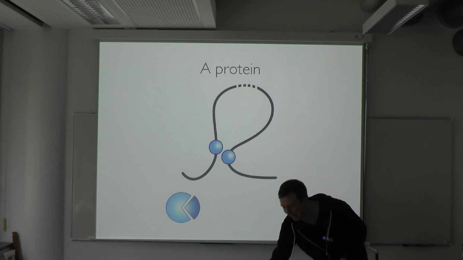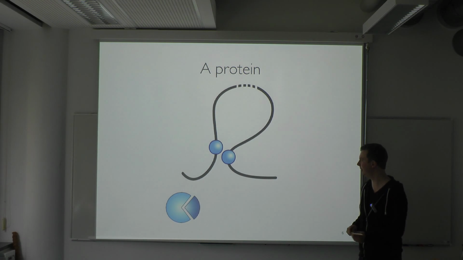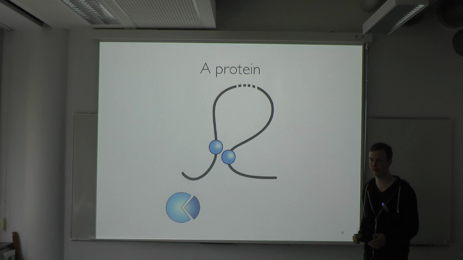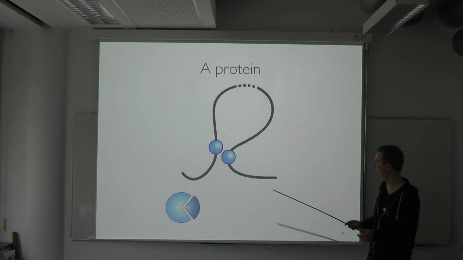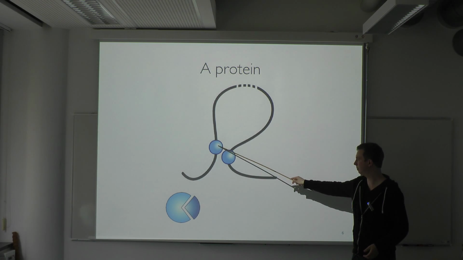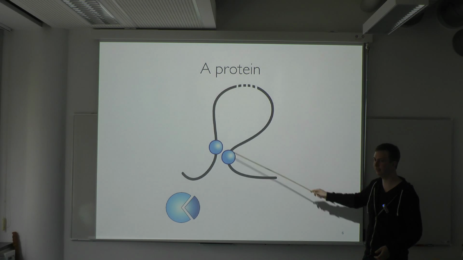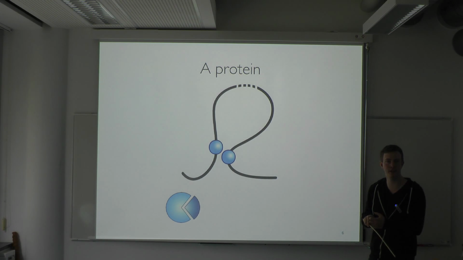And it's basically the chemistry of these amino acids that interact with each other that stabilizes the folding of the protein. So for instance, you could have this one residue positively charged and this one negatively charged, and it's this positive-negative charge interaction that is favorable.